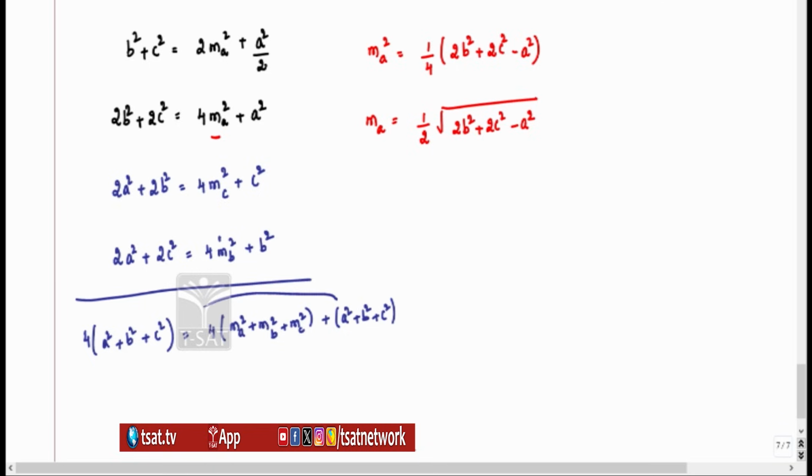If you get it here, it is 3 times the sum of squares of sides, a square plus b square plus c square, which is equal to 4 times the sum of squares of medians, ma square plus mb square plus mc square.